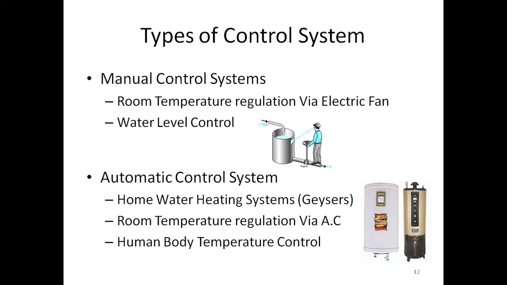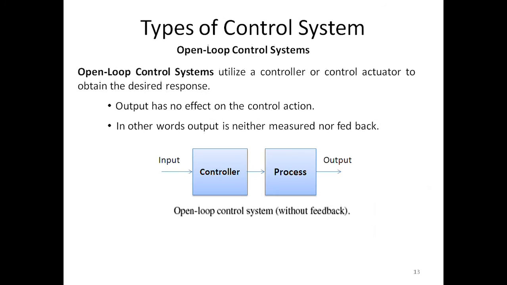Then the automatic control system. In our day-to-day life, we use a geyser, water heater, room temperature regulation via AC, even body temperature control. These are automatic.